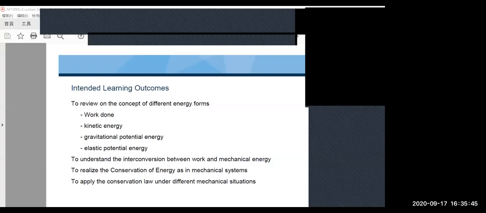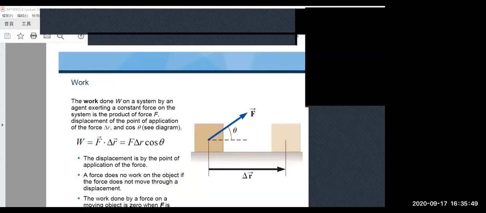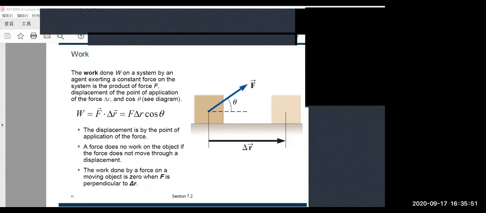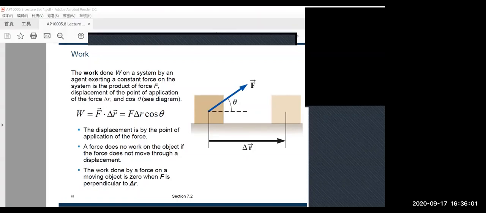So here we take a look at the idea of the work done. By the definition, when you have a force that is exerted on a system and tries to move it over a certain displacement, then there would be a work done to the system.